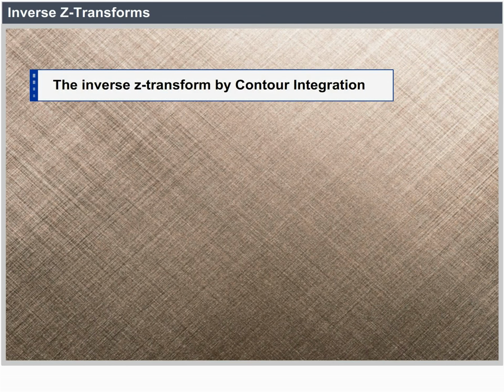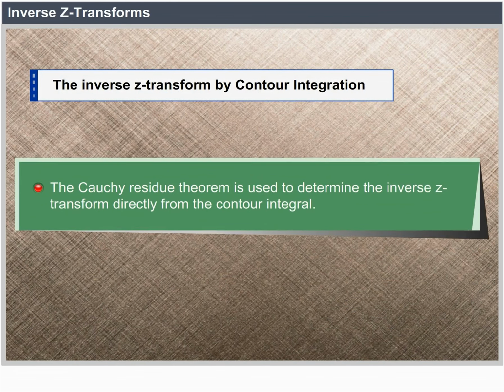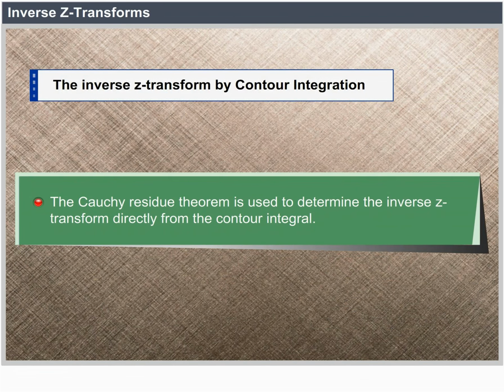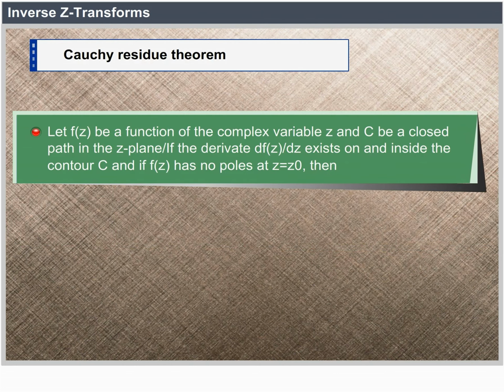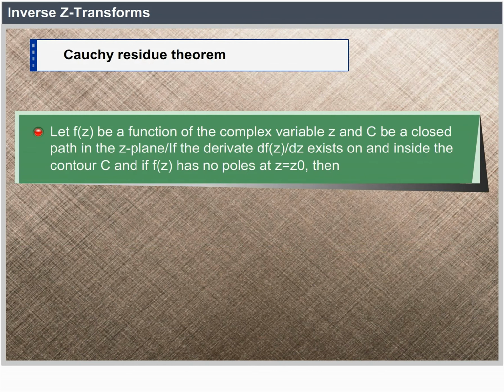The inverse Z transform by contour integration. The Cauchy residue theorem is used to determine the inverse Z transform directly from the contour integral. Cauchy residue theorem. Let f(z) be a function of the complex variable z and C be a closed path in the z plane.